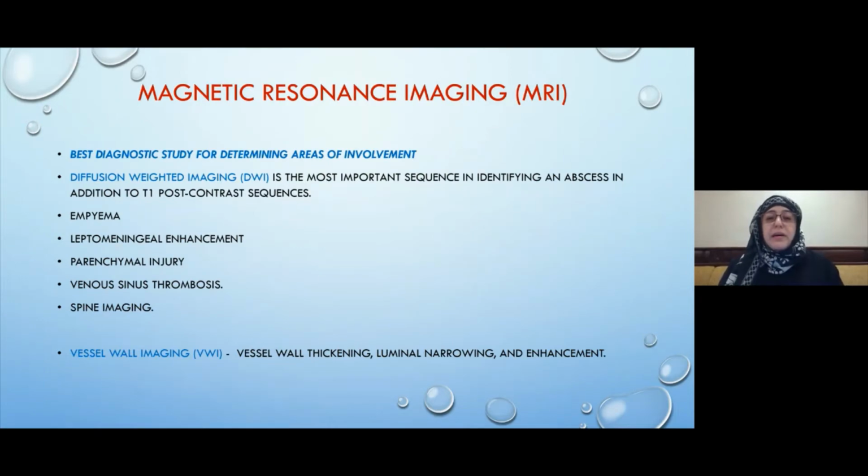However, MRI is the best diagnostic modality in imaging these patients, especially with diffusion-weighted imaging and enhanced sequences. It very eloquently delineates the extent of the parenchymal involvement, as well as gives us the chance to image vascular structures as well as the spine.